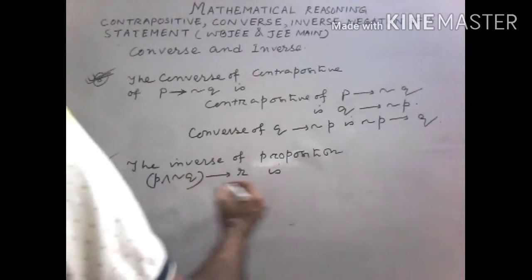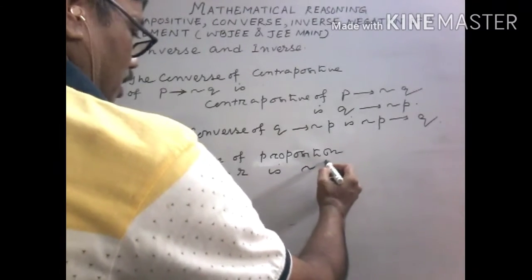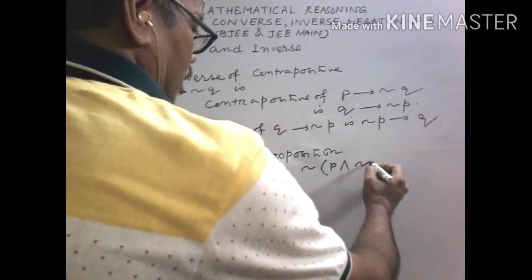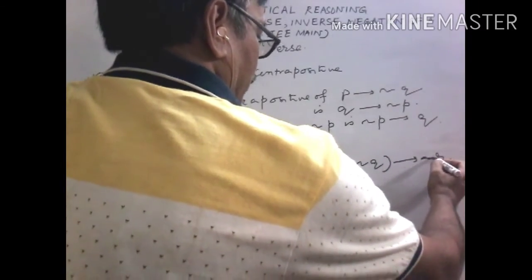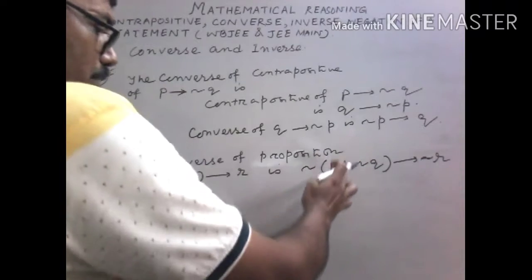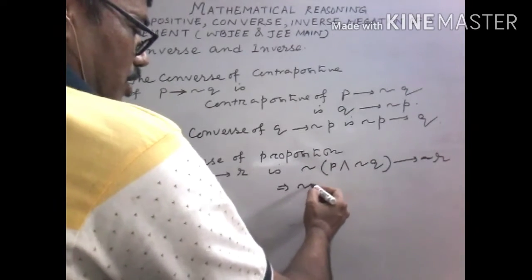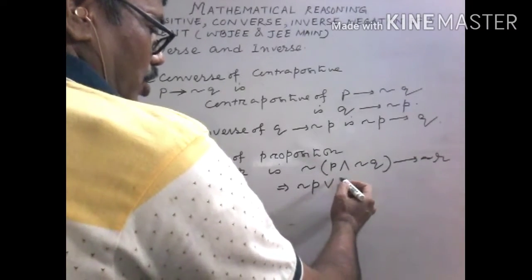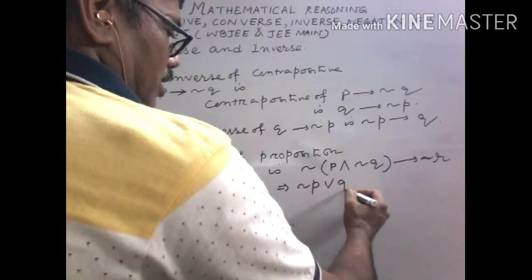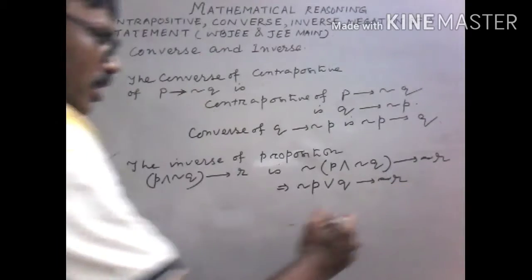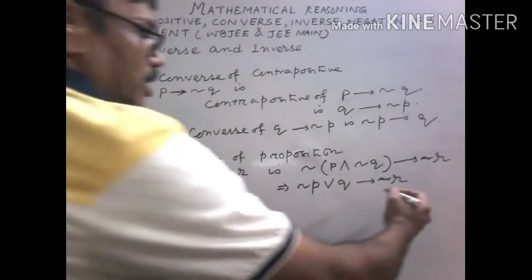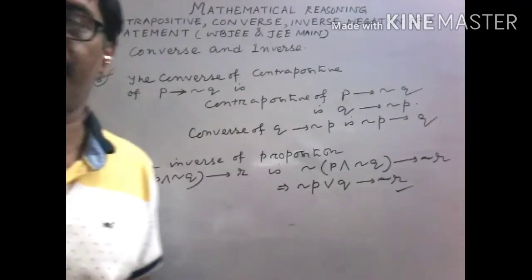This is negation P intersection negation Q arrow negation R. Now from De Morgan's law, so this one is negation P, this is union, negation of negation, this is Q arrow negation R. So inverse. So this is inverse of the problem.